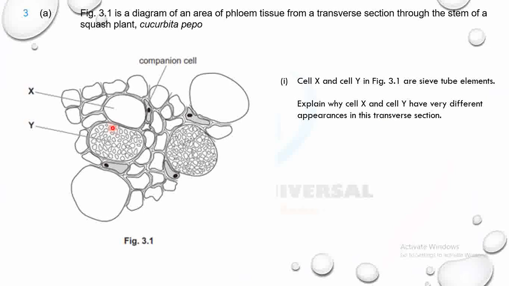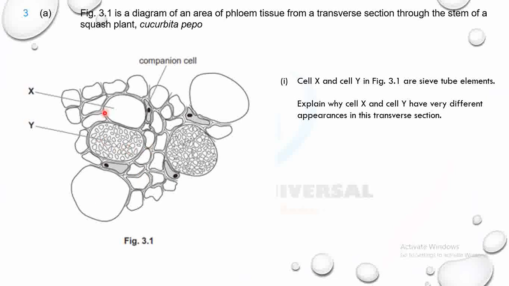So you can see that this is the sieve plate, and this is just the lumen. That means cell Y is at a higher height than cell X, because the sieve plate is the end of a sieve tube element.